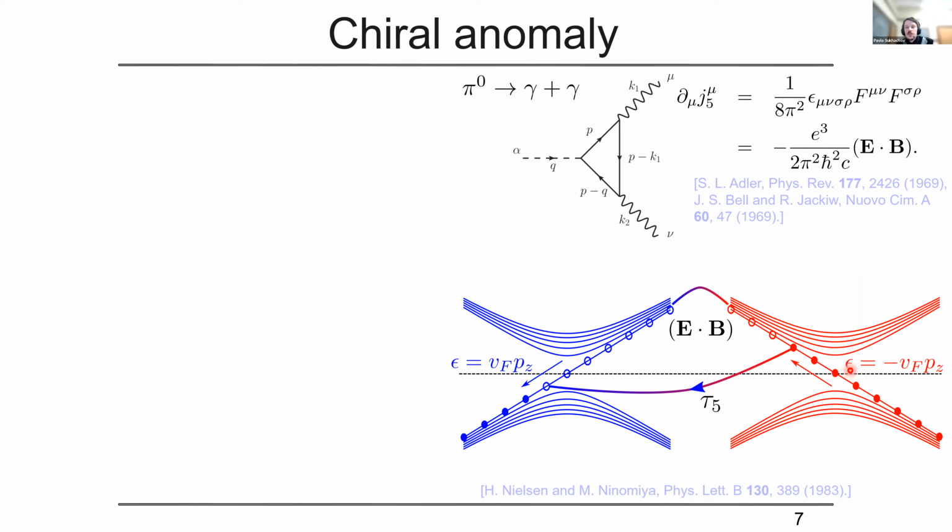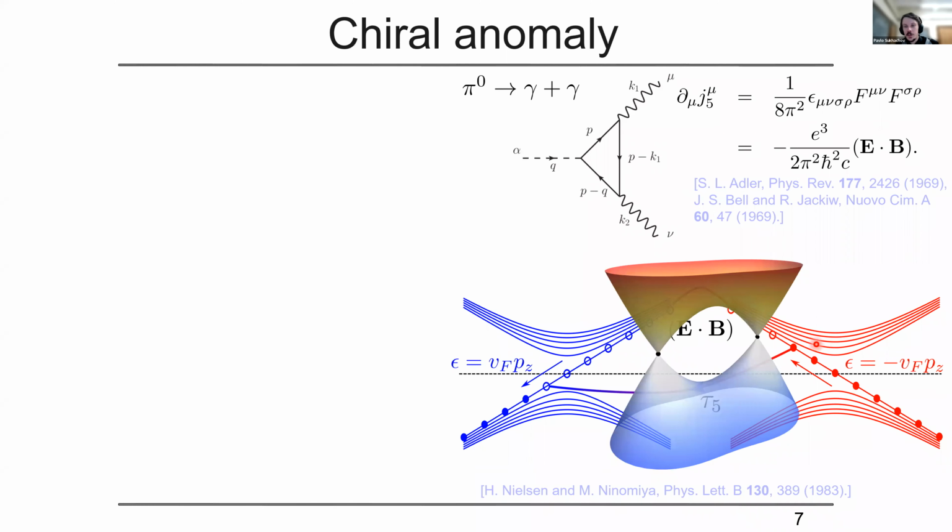The charge starts to just appear out of nothing, and we are now pumping this right-handed charge. But in fact, in real solids, these Landau levels are always connected somewhere deep below the Fermi surface. And hence, we are not just creating charge out of nothing. We are just redistributing it from, let's say, the left-handed node to the right-handed node. And hence, we're creating this imbalanced population, which essentially is the chiral anomaly.